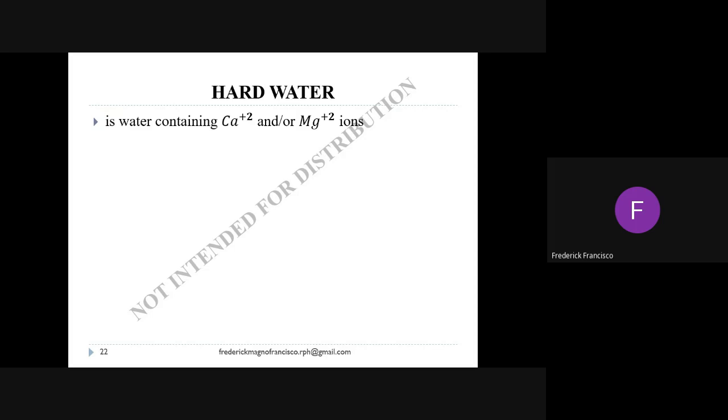Water containing calcium and/or magnesium ions is called hard water, and water that is mostly free of these ions is called soft water. Hard water is unsuitable for some household and industrial uses.